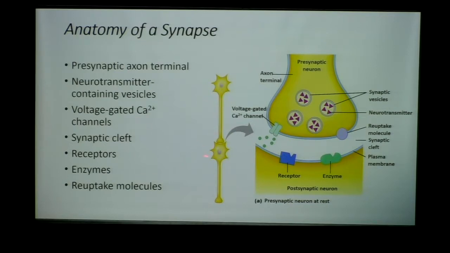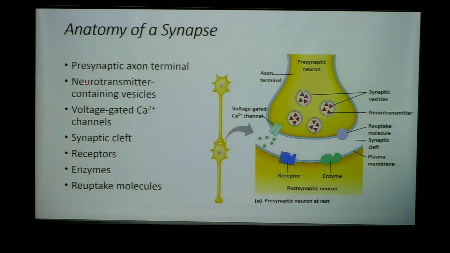But when it gets to the axon terminal, there aren't voltage-gated sodium channels at the axon terminal. There are voltage-gated calcium channels. And so when we get to about this ending, where this actually swells into that axon terminal, the bouton area, the channels on the membrane change. So these are voltage-gated calcium channels, and these are going to be really important in the transmission of this signal.